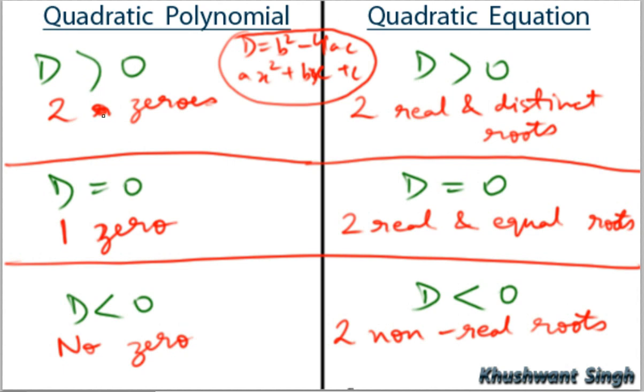When d is greater than 0, two zeros and two real and distinct roots. When d is equal to 0, 1 zero and two real and equal roots. Real and equal both will be the same, but here only 1 zero. And when d is less than 0, no zero and two non-real roots.